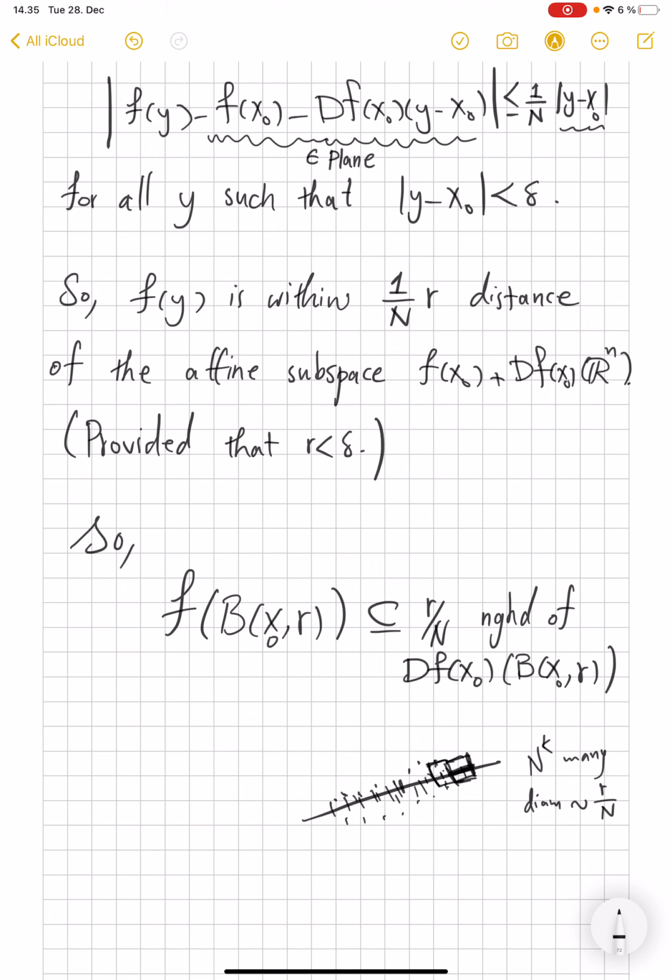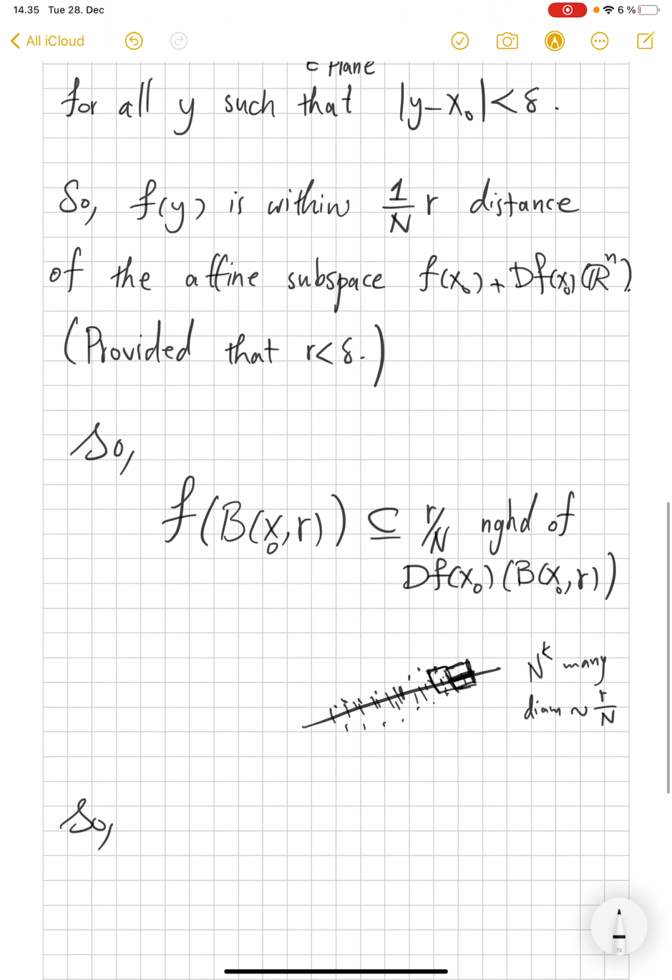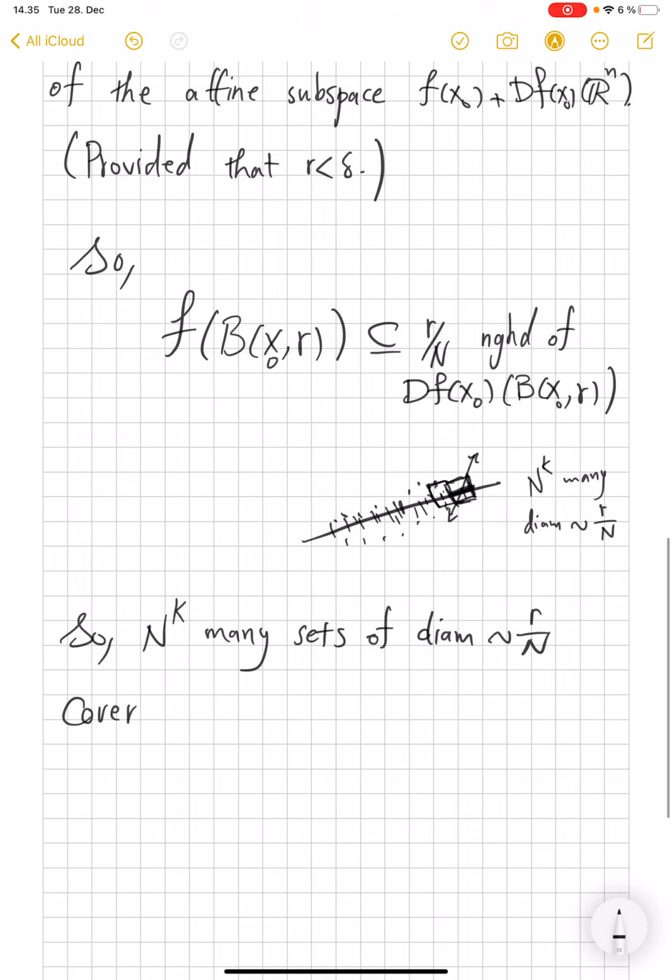So you have the same counts in k many, and diameter basically the same. So in each side, it's comparable to r over n. So the whole diameter, which is like the diagonal, is also comparable to that. So n to the k many sets of diameter comparable to r over n cover the image of f itself. So we moved from covering the image of the derivative to actually covering the original set.